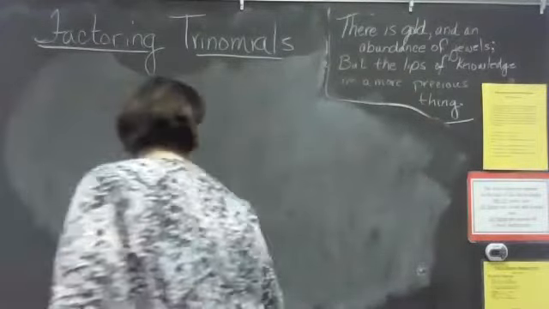Now from this set of factors, I need to decide which set will add or subtract to give me 4. 4 times 8. Good. So we're going to have 4 and 8. Again, it doesn't matter which one right now.